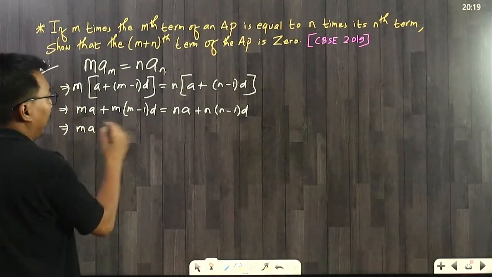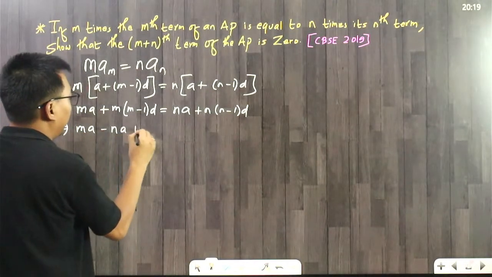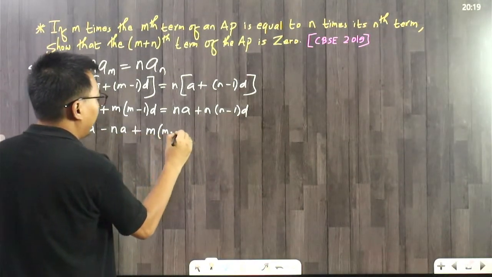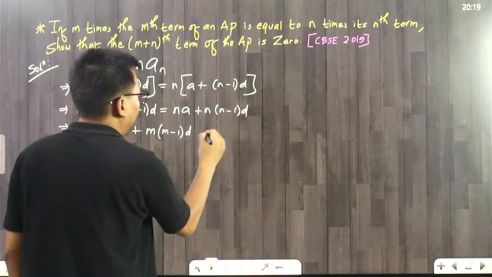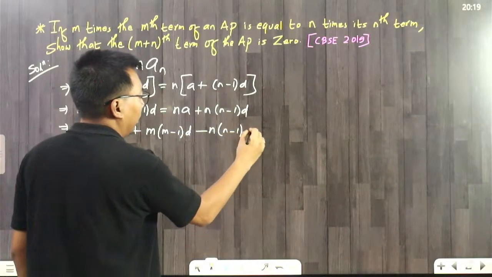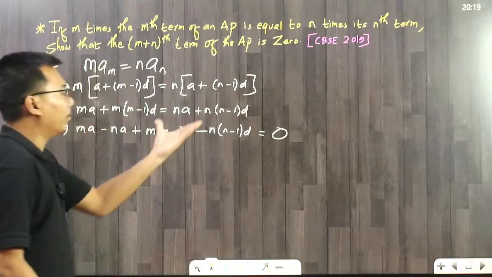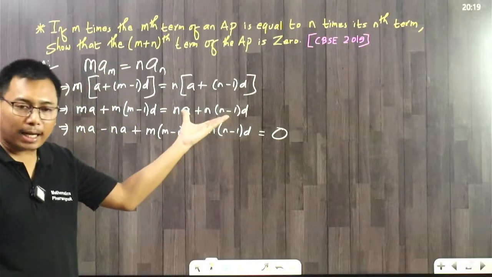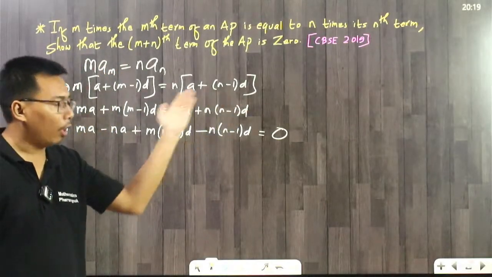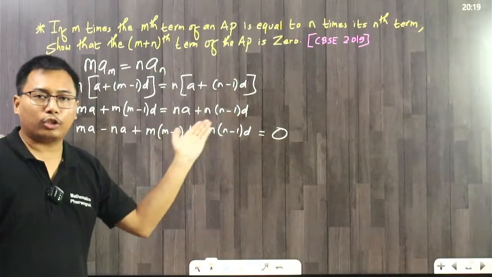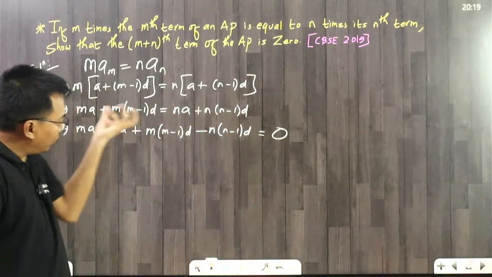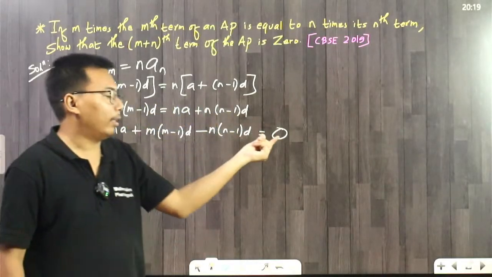So what will we get? ma minus na plus m(m minus 1)d minus n(n minus 1)d equal to 0, because we brought all the terms from our right hand side to the left hand side, so we have nothing on the right, which means 0.